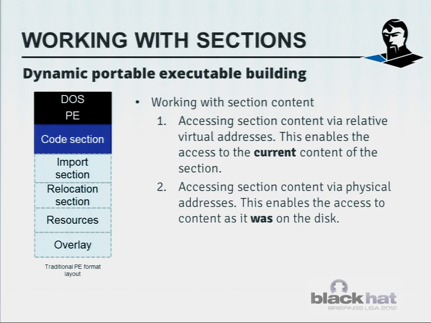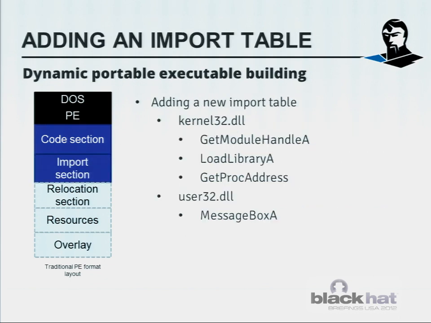If you read physically from the file, so from physical offsets, then you will actually be reading from the file on disk. If you're reading from the relative virtual offsets, you're reading from the current changes in memory. And that's a really important concept to grasp, because you want to be working with memory all the time, because memory is fast and you don't need a lot of it to accomplish your task.